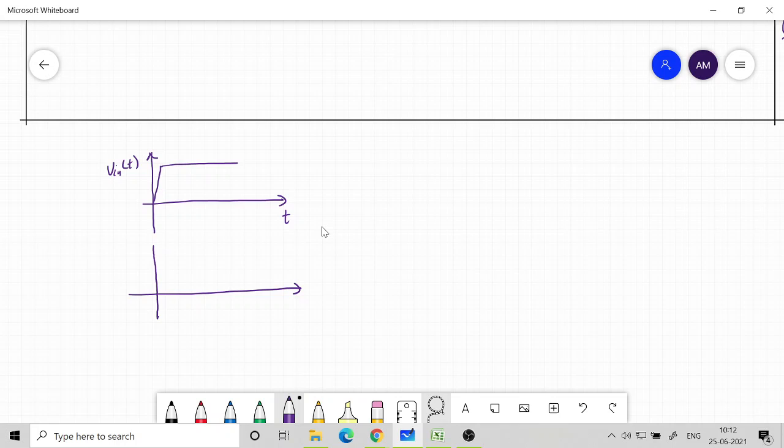So output should decrease. Now we note down the 50 percentage point here. Output is initially at high VDD. What is going to happen is that the actual waveform will look something like this.